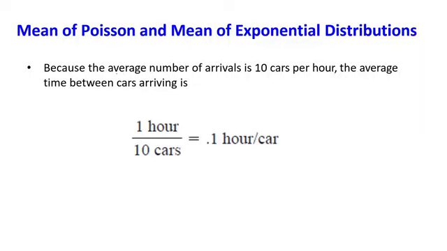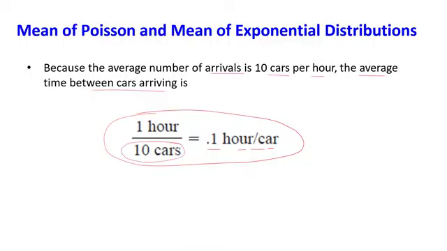See, for example, the number of arrivals is 10 cars per hour. The average time between cars arriving would be 0.1 hour per car. So with this method, you can convert. Now if you want to find this particular thing, for example, 2 minutes means 2 by 60 hour per car.